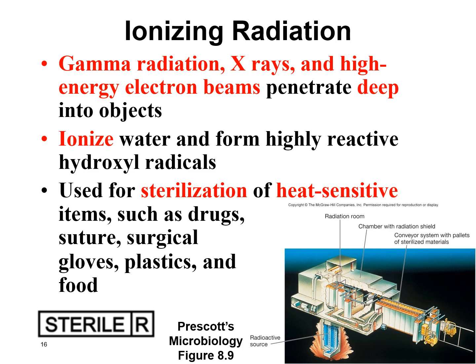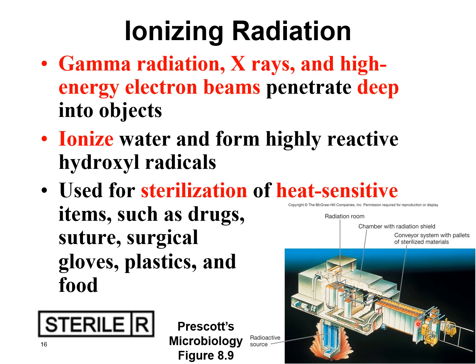So in the manufacturing facility, they're going to have a conveyor belt that will run whatever it is you're going to sterilize through this facility here, and this is all going to be encased to protect people from the radioactive material that's in here, or X-ray beams, or whatever you're using to radiate the surgery gloves, suture material, whatever you're running through here, so people are not in there at all.